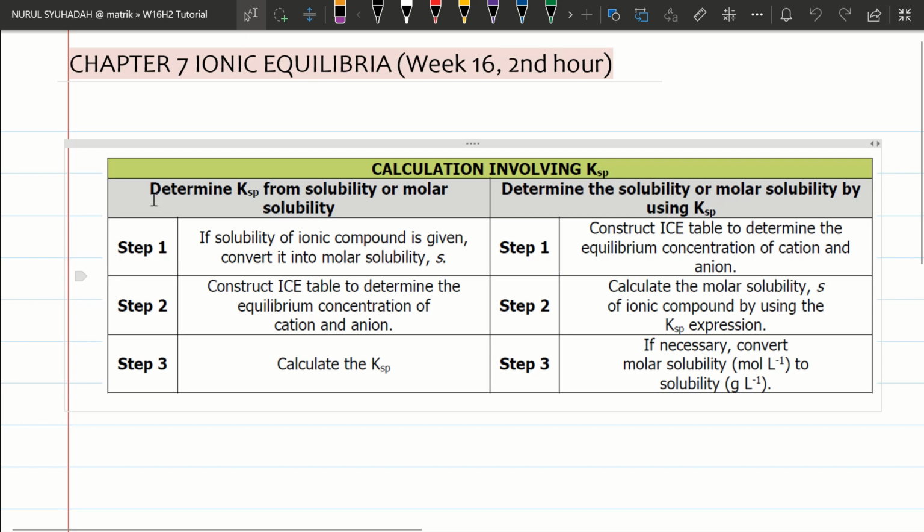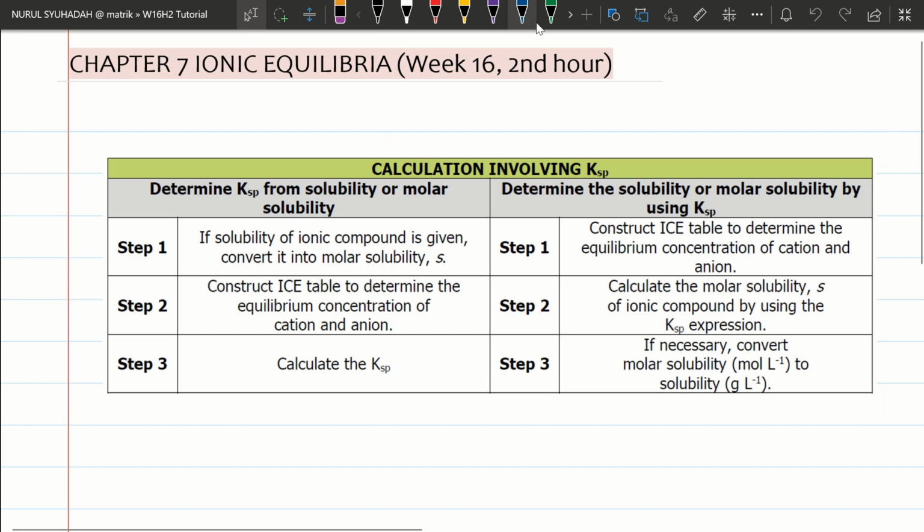Soalan yang pertama, the question will ask you to determine the value of KSP. Okay, so bila dia minta determine value of KSP, the question will give you an information to get the molar solubility ataupun solubility. Dia akan bagi salah satu. Okay, dan apa jua terjadi, nanti kita akan construct ice table.